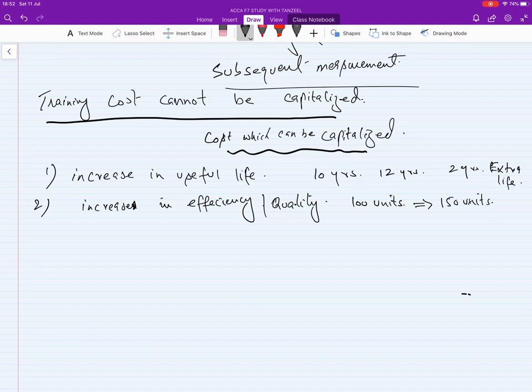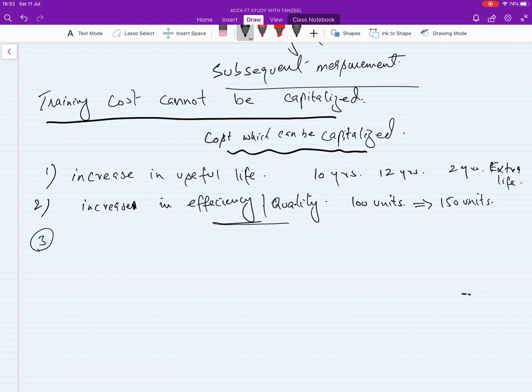Because of this expense, the efficiency, quality and quantity have increased. Because of this expense, economic benefit flows towards that entity, so you can capitalize this expense.